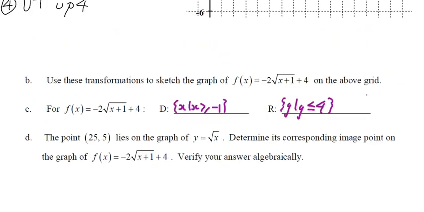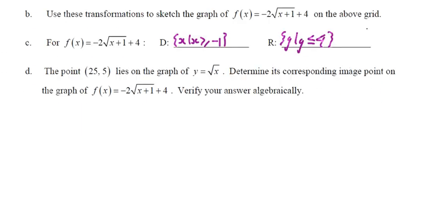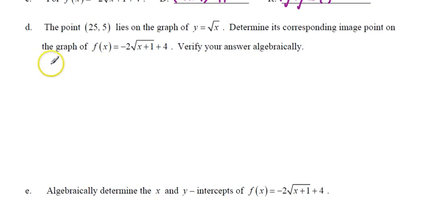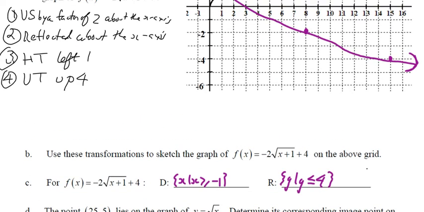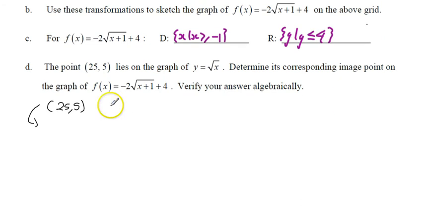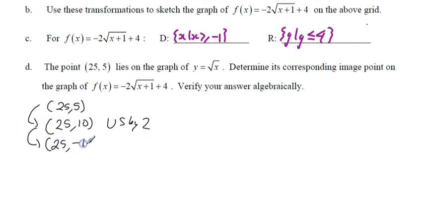So what I'm going to do is apply these 4 transformations. 25, 5, after the first transformation, a vertical stretch by a factor of 2 about the x-axis, becomes 25, 10, and let's note that here, VS by 2. Then we reflect: 25, negative 10. Reflect in x.